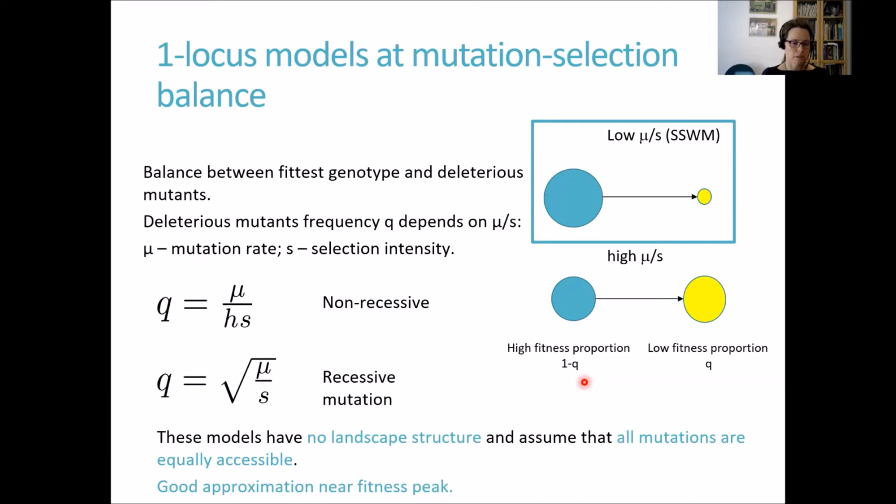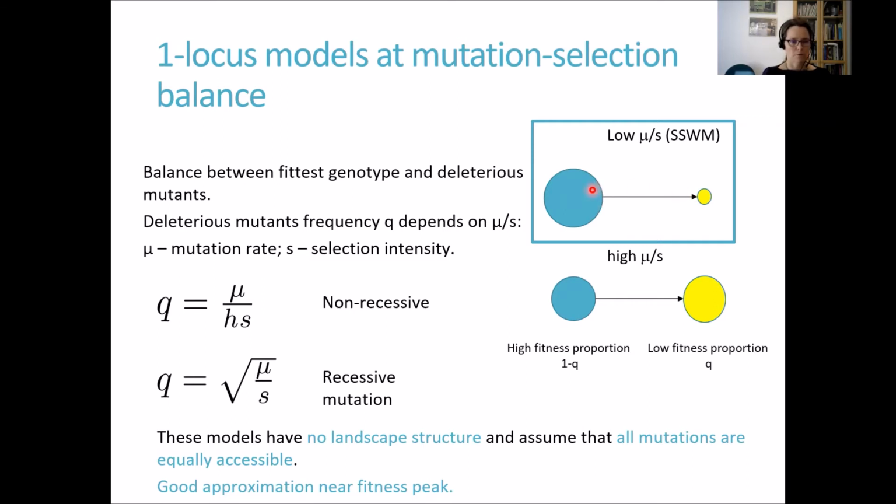But the interesting question that we can use fitness landscapes to ask is what evolutionary trajectories we should expect. So let's go one step back and recall what the basic one-locus models of population genetics tell us. These models assert that given enough time, we should expect a mutation-selection balance between the fittest genotypes and deleterious mutants of this genotype.